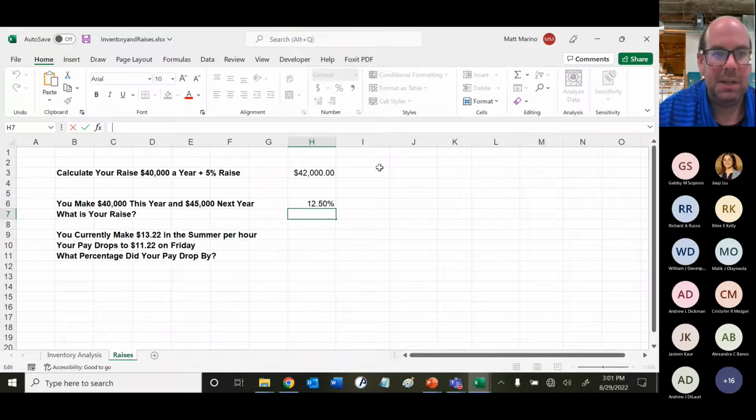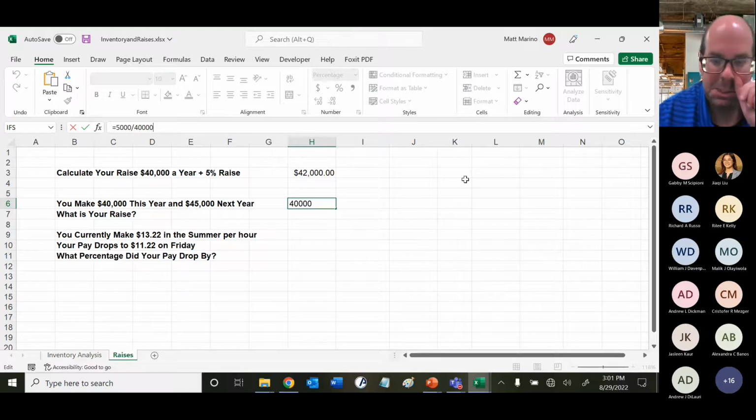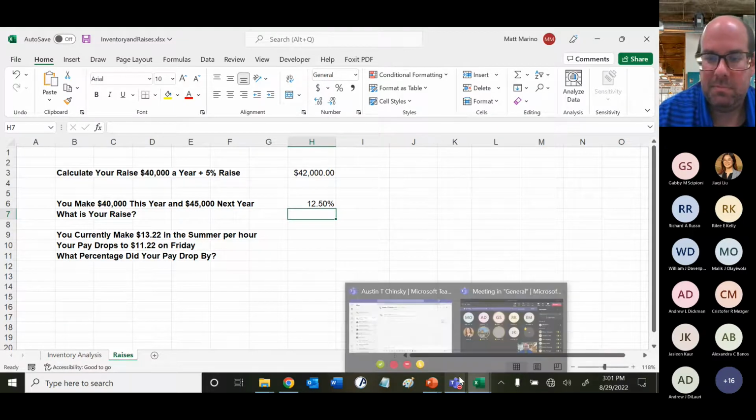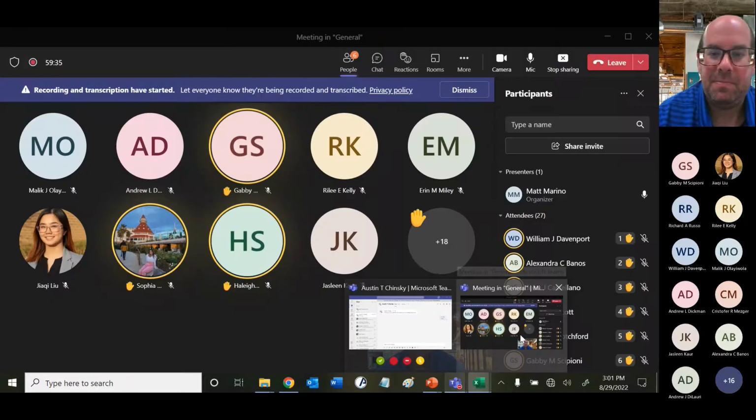If it pops up with a percentage at the end of your formula, delete it, or else you get 125% for some reason. So everybody should get 12.5%, correct? Yes.